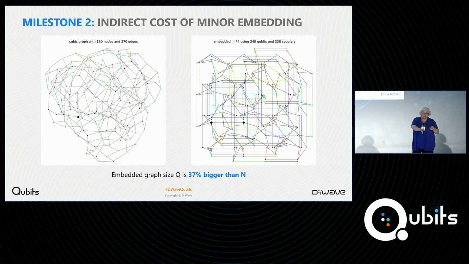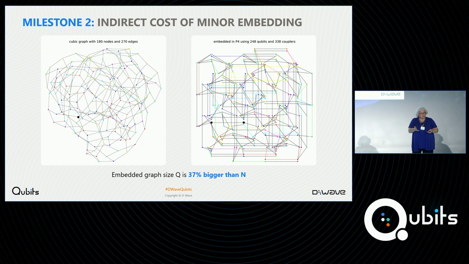So the point is, when I talk about indirect costs, is that the embedded graph has more nodes than the original graph. It's, in this case, almost 40% larger. And we all know that larger problems are harder problems, and so there's a penalty that the quantum processor pays simply from having to solve the larger graph. And the question is, well, how bad is that? How much is it able to overcome that kind of a penalty?